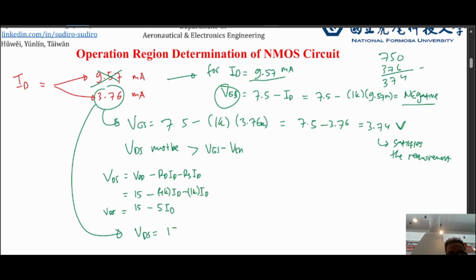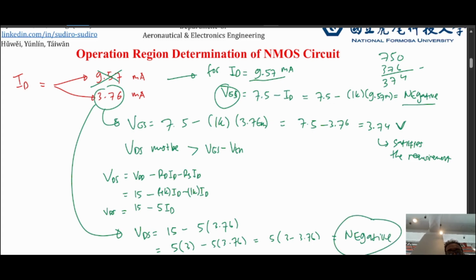VDS will equal 15 minus 5 times 3.76. We know that 15 is equal to 5 times 3, so we can easily evaluate that this one is also negative, because 3 minus 3.76 is negative.